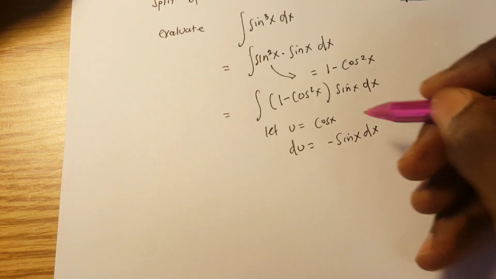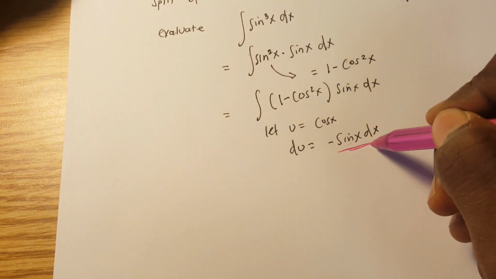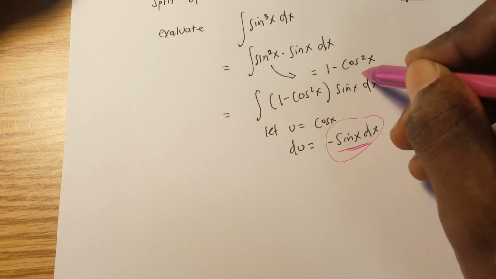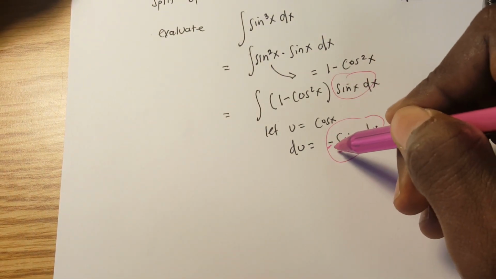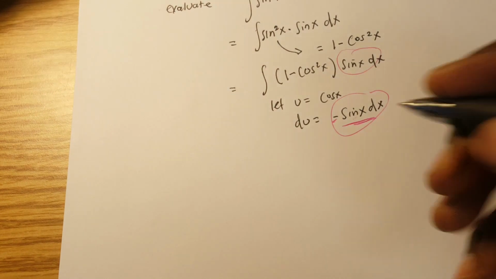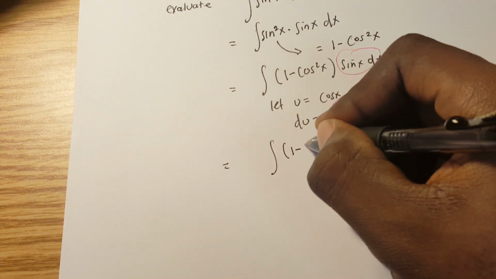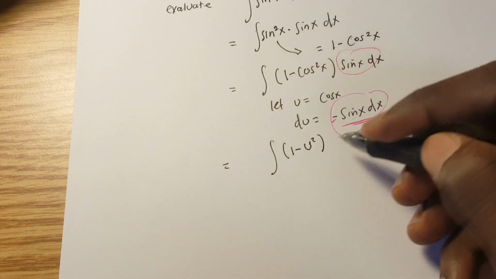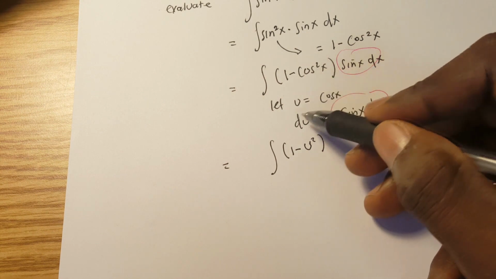So you see, we made the right substitution. Even though it doesn't have the minus sign, it doesn't matter, we can just bring it in front. So we go ahead and do this u substitution. We have 1 minus u squared. Remember, we let u be equal to cosine, so cosine squared is u squared.